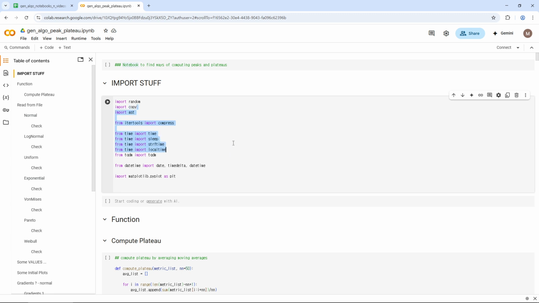So I import the ordinary stuff. However, this one's new: import ast.